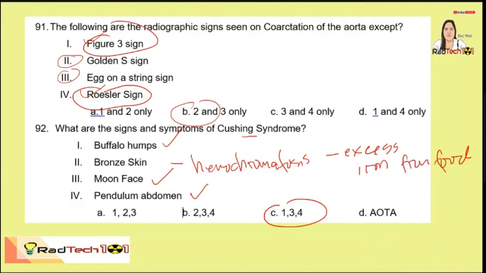As for Cushing syndrome, it is the production of too much cortisol, our stress hormone. When we are stressed, cortisol is produced, which helps us respond to stress. The bronze skin is a symptom when the body is absorbing an excess amount of iron from food.